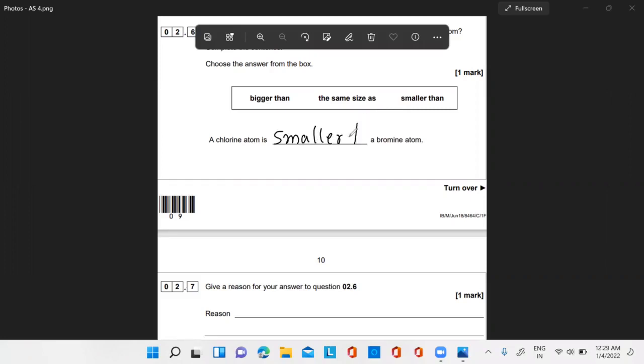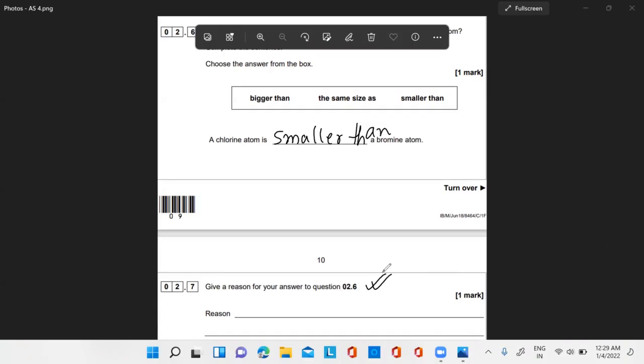Okay, it is smaller. Why is it smaller? This is the next question, where we have to give a reason for the answer to question number 2.6. So the answer will be: as we know, chlorine is having fewer electrons than bromine, isn't it?